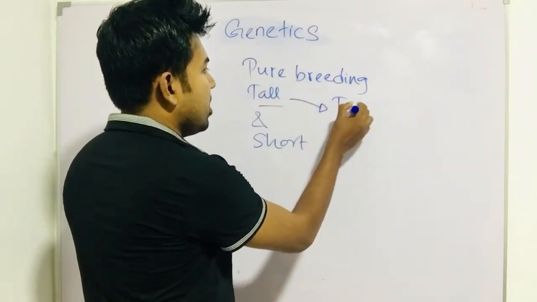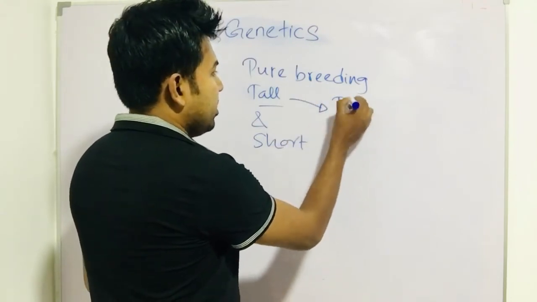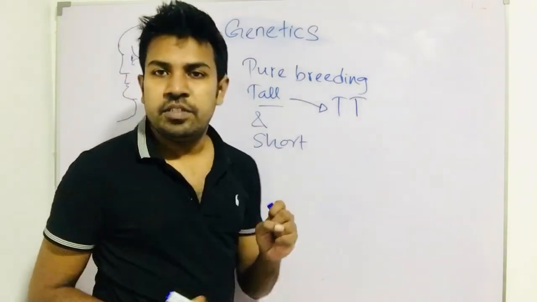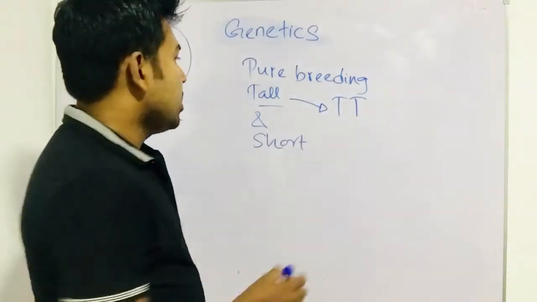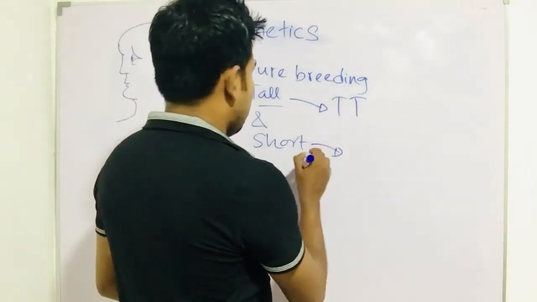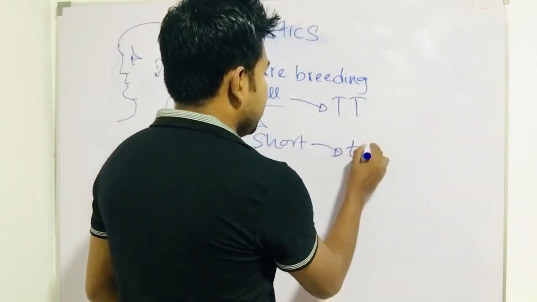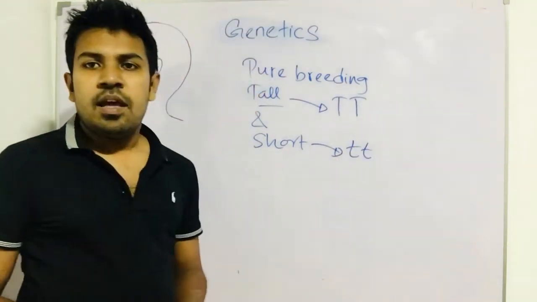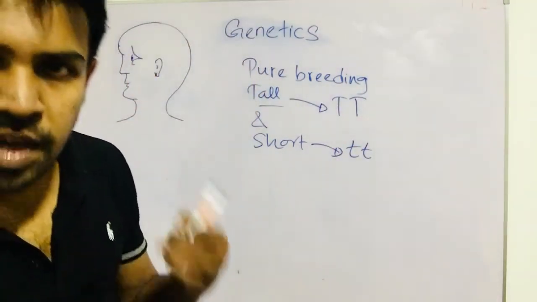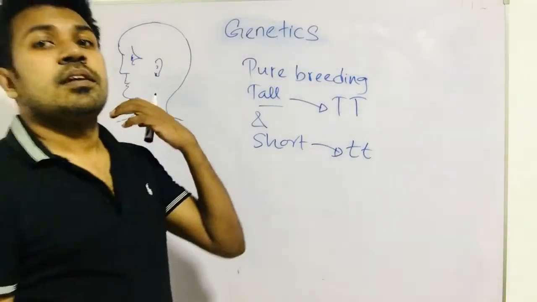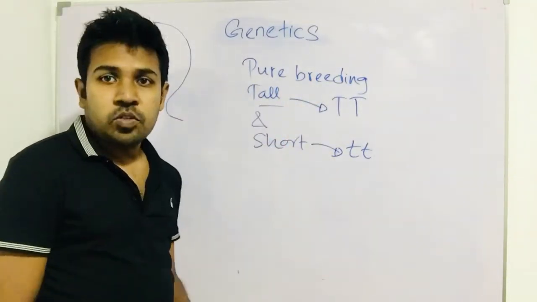So therefore I will put pure breeding capital T. I will tell how it comes later. Then shorter, simple t. Then he crossed these two plants together.